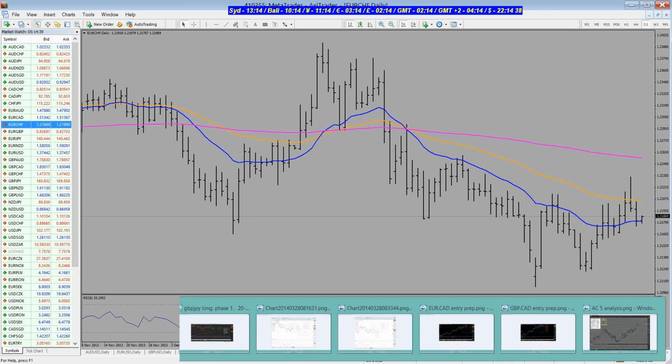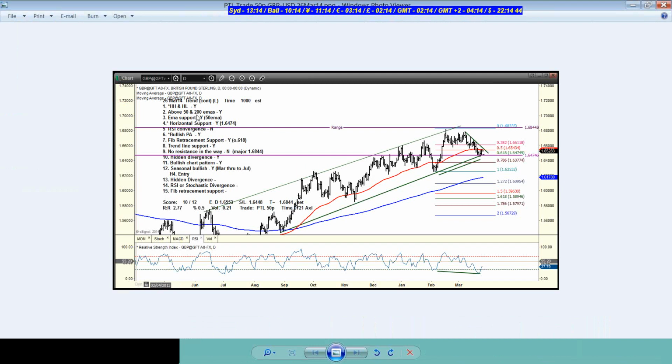Okay, pound. Analysis of this pair that's running live now. Higher highs, higher lows. Yeah. Above the moving averages? Not exactly. You're under the 50, okay? EMA support, yeah, that's a line ball call because once you get in the trade, you're in it. Horizontal support, yes. Convergence.